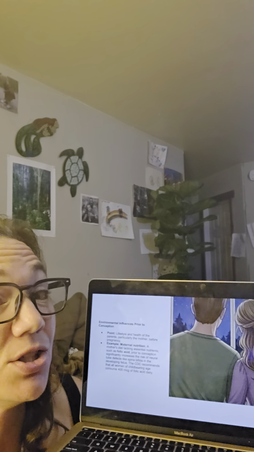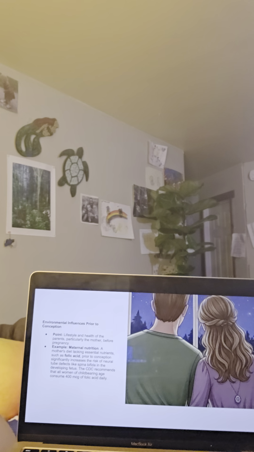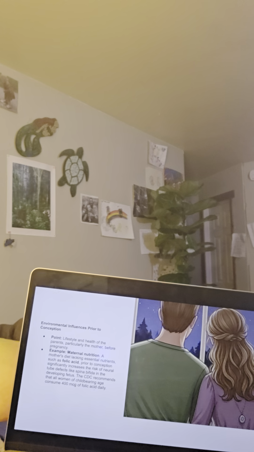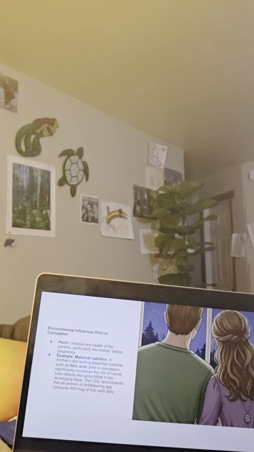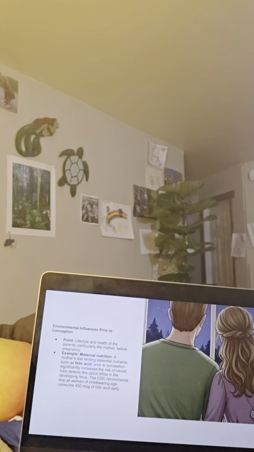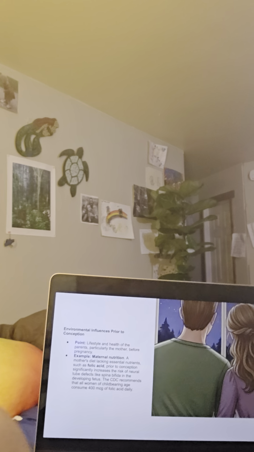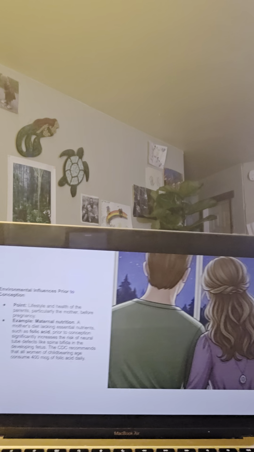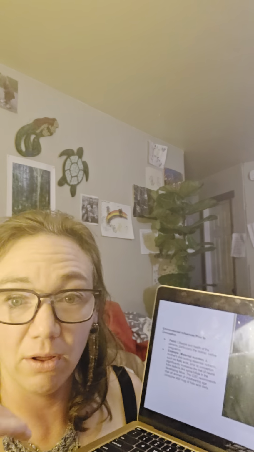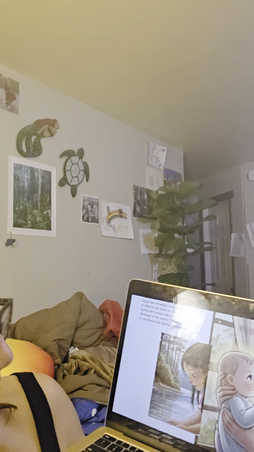This is stuff we should be teaching in middle school. Neural tube defects like spina bifida on a developing fetus are huge. The CDC recommends that all women of childbearing age take 400 mcg of folic acid daily. This slide does not do justice to how important folic acid is, all the way through, even when we're babies.